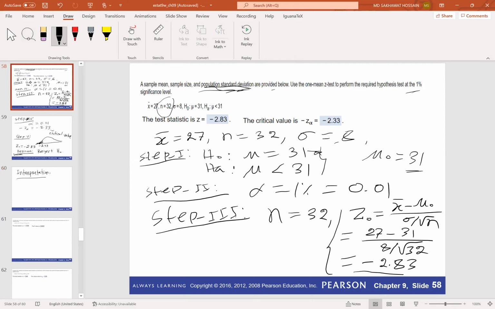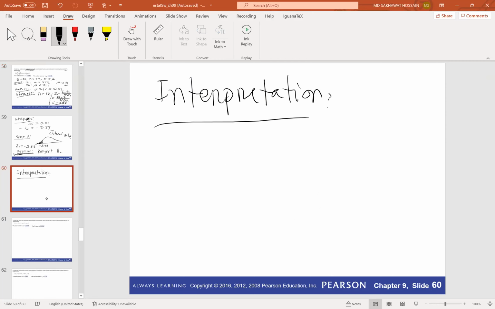Let's go back to the question. In the null hypothesis, mu is 31. And in the alternative, mu is less than 31. Since we rejected the null, we are favoring the alternative hypothesis. Our data give sufficient evidence supporting the alternative hypothesis. So the interpretation should be like this.